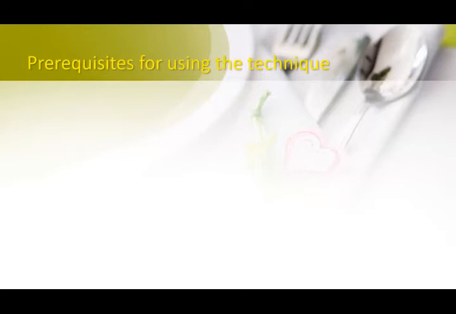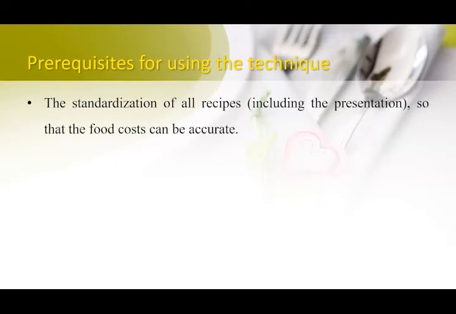Let's see certain prerequisites for using this technique of menu engineering. There should be a standardized recipe. The standardization of all recipes, including the presentation, so that food costs can be accurate.